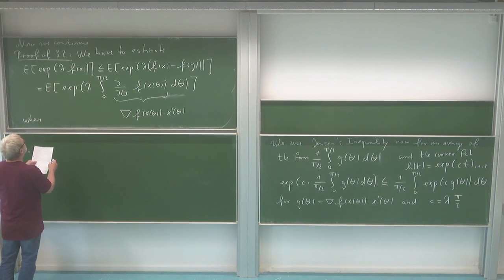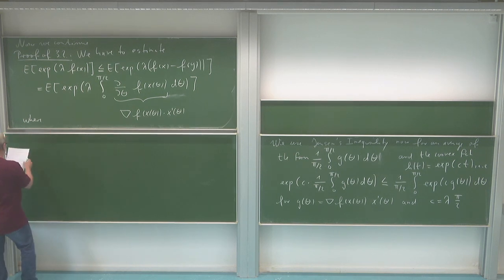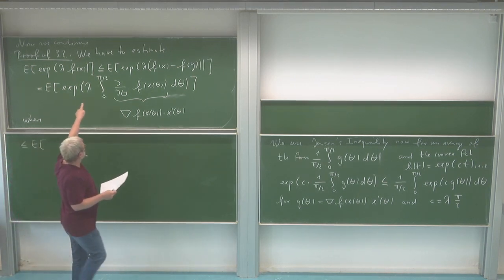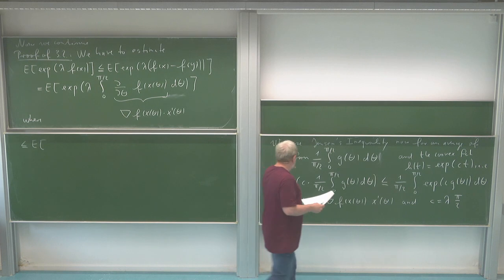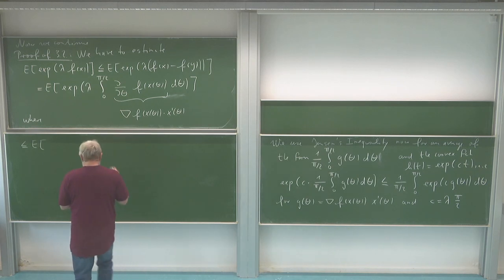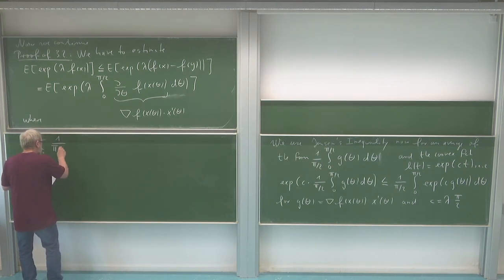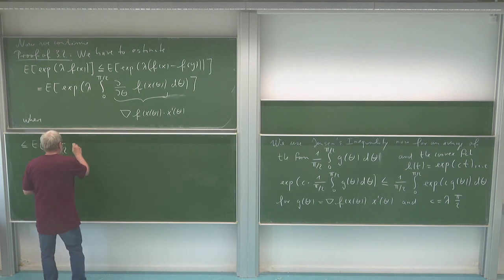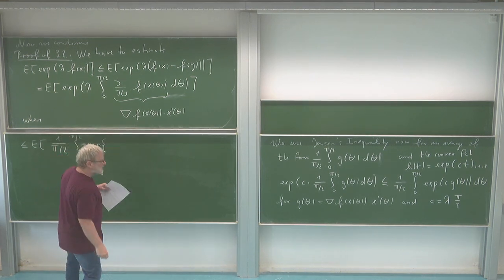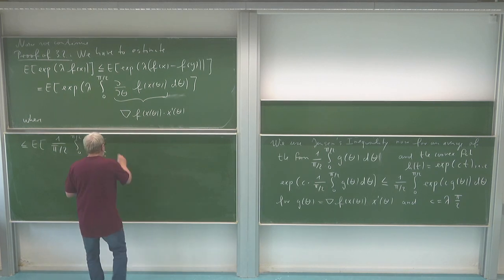So I can continue here. The expected value is still there, and now I'm estimating this exponential according to this. So I get it's less than 1 over pi over 2, the integral from 0 to pi over 2, and then I get the exponential, and my constant there is lambda times pi over 2.